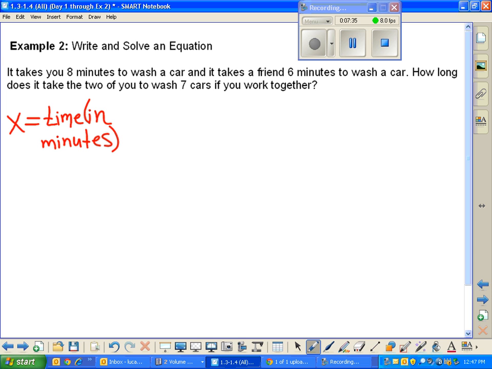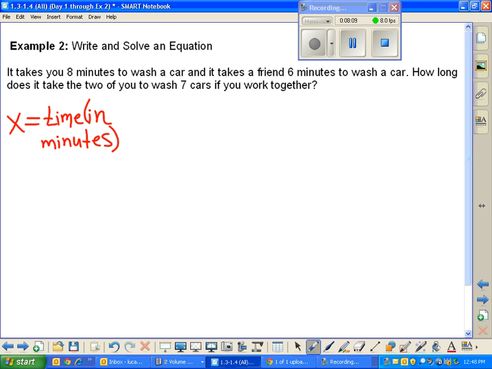You're absolutely right. So when we did our cost problem over here the other day, we said the total cost of the books was going to be decided by taking your paperback books plus your hardcover books. Well, in this case, you and a friend are asked to wash some cars. So there's going to be the cars that you wash, and then the cars that your friend washes, and then altogether it has to add up to a total number of cars, which is actually given to us in the problem.